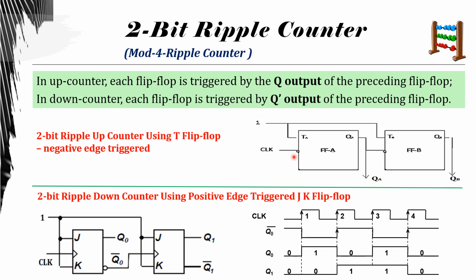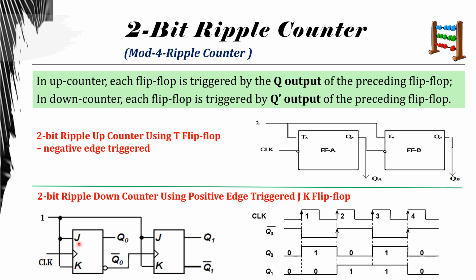Now let's design a 2-bit ripple down counter using positive edge triggered JK flip-flop. Since it is 2-bit, we need to have two flip-flops, and we are using two positive edge triggered JK flip-flops. To make this JK flip-flop into the toggle mode, the J and K terminals are connected to 1.